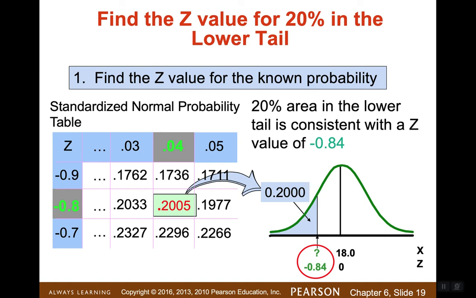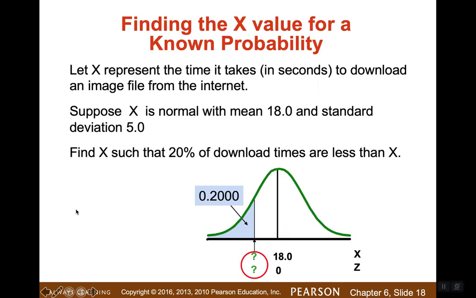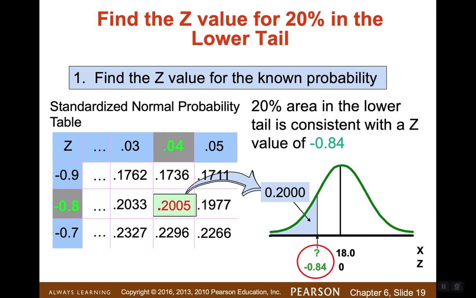So in this case, we will use our table, and 0.84 is what we will calculate. Once we find that, it will translate to a negative 0.84, which is the 20%.